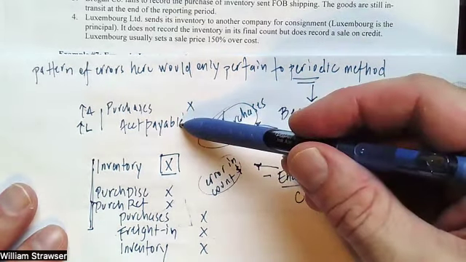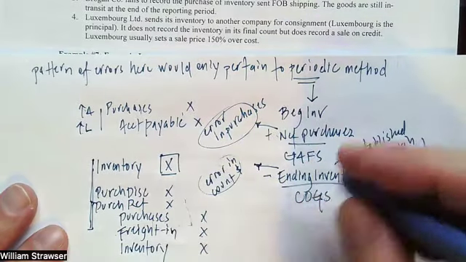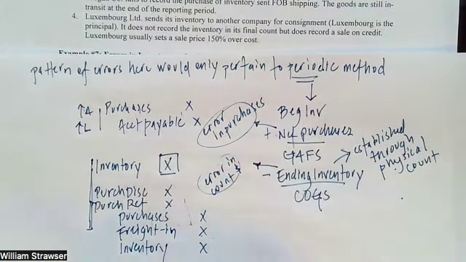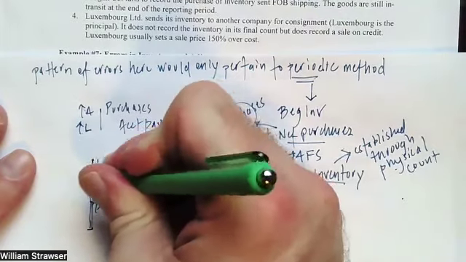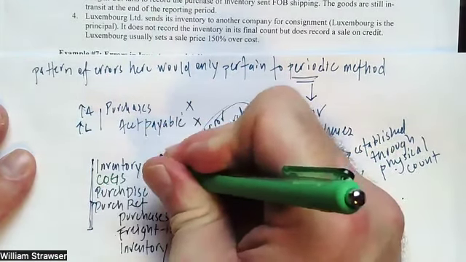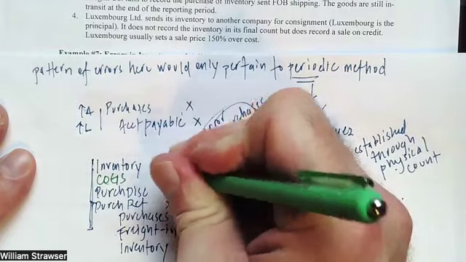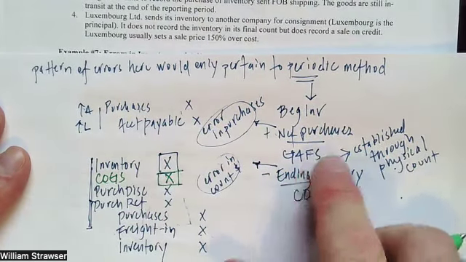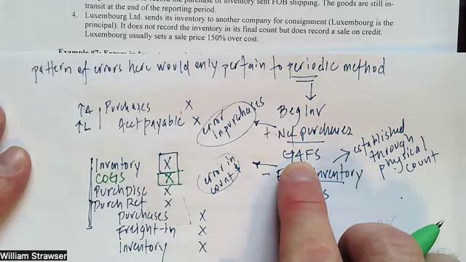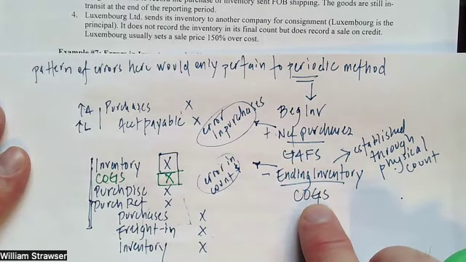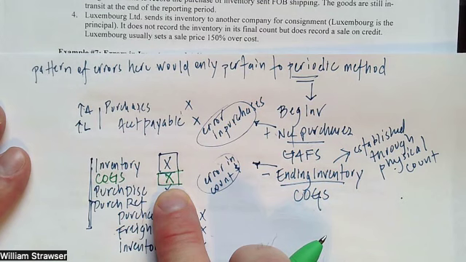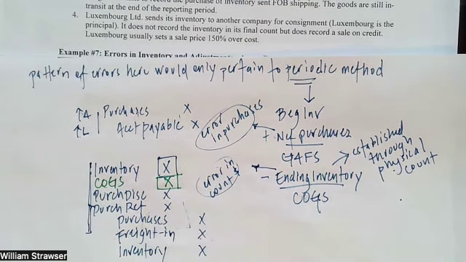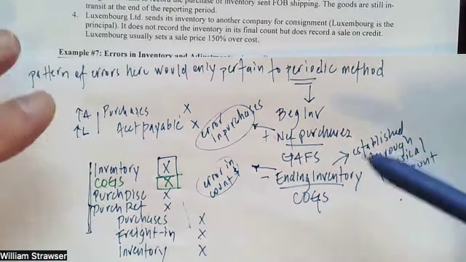These are my balance sheet effects, and the calculation of cost of goods sold from all of this, which we would put in right there, that's why I left the space, is also affected as we subtract ending inventory from goods available for sale and determine how much cost of goods sold I should have for the period. So I want to apply this to example 6.